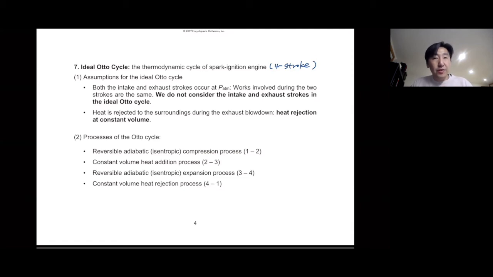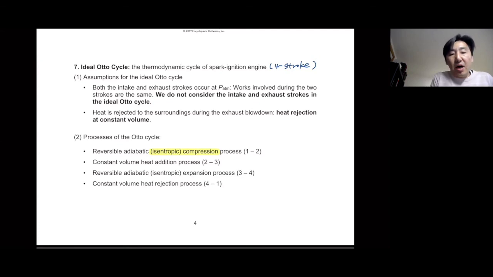Yes, reversible adiabatic process, which means isentropic process. That is what you assume for ideal Otto cycle analysis. So the first process, the compression process, is now assumed to be a reversible adiabatic or isentropic compression process.